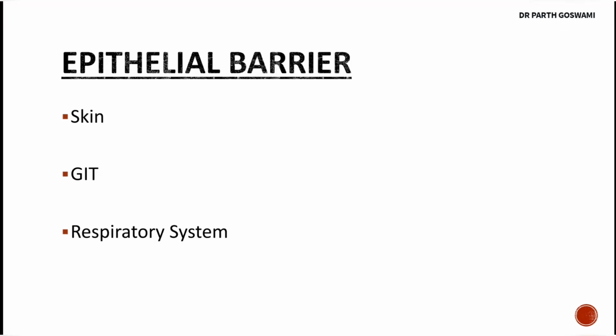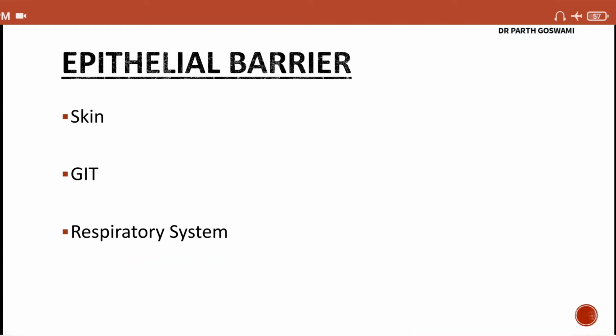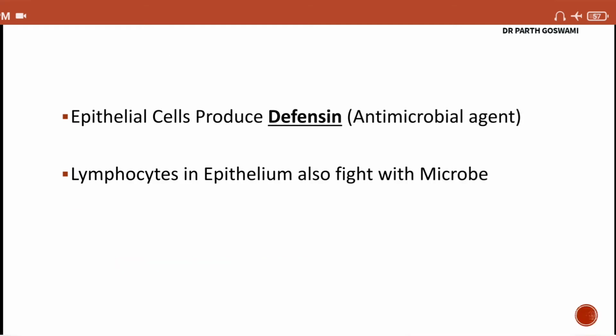Alright. Now we will see the epithelial barrier component of innate immunity. So guys, our skin epithelium, gastrointestinal epithelium and respiratory epithelium provide a barrier that prevents the entry of organisms into our body.